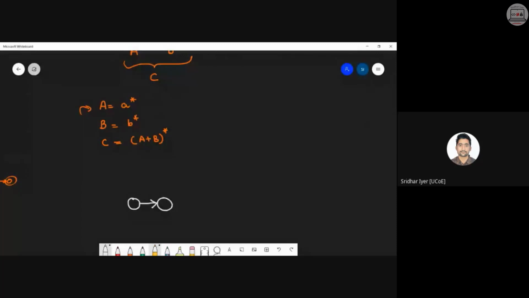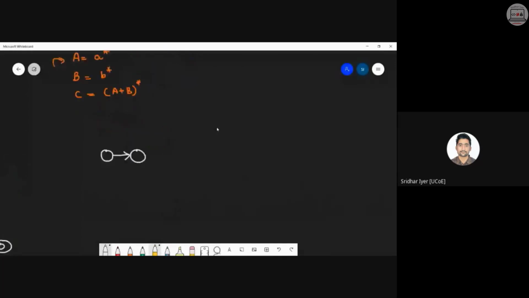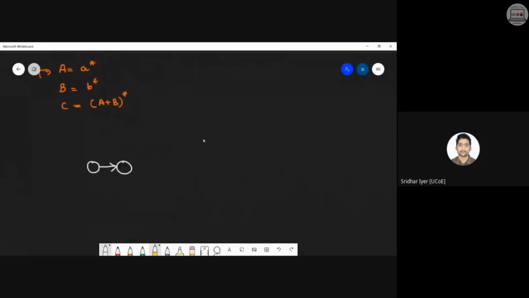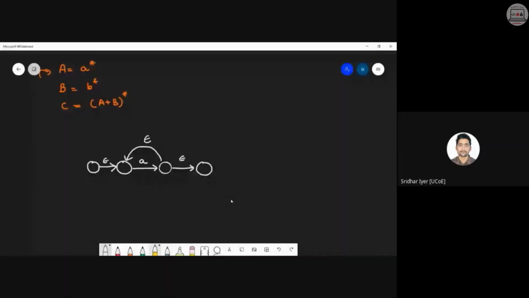Now pay attention, I'm drawing A closure. You know how to draw A closure. Again, Pratik, kindly pay attention. This will clear your doubt if you're still having your doubt. We are drawing A closure. So in this state, we are accepting A and going back to accept every number of A's because it's a loop. Okay? So this is your A closure.